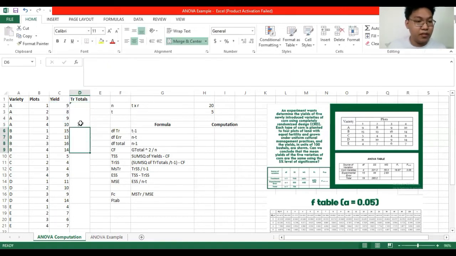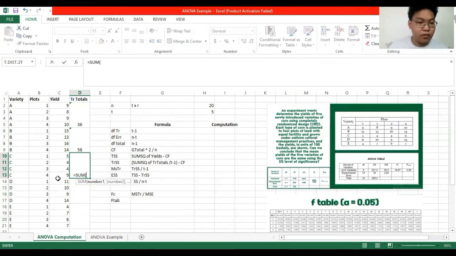So that will be it. Next. The next one is this one. Do the same: sum, then include here the sum.